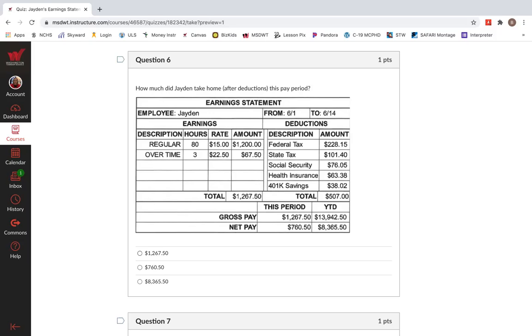Did he take home $760.50? Did he take home $8,365.50? What was his take home pay after deductions for this pay period? Not year to date, but this pay period.